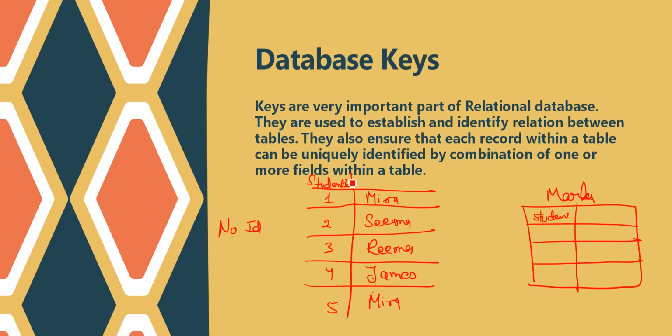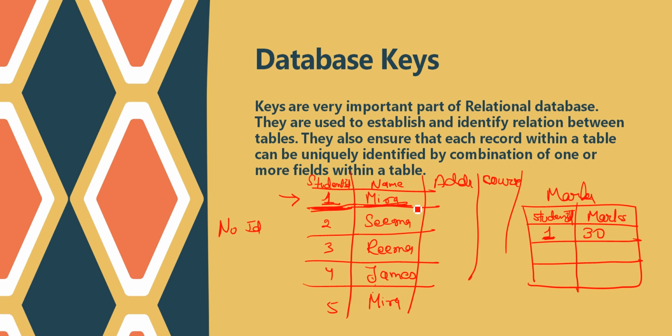I'll give it a name, student ID, and different columns like address or course. So instead of writing the name of students, I'll write student ID and marks obtained. This time Meera got 30 marks, so I will write 1 against 30 marks. 1 means this one, because this student ID is 1, right? So I will make sure that this ID will be unique for each and every one.